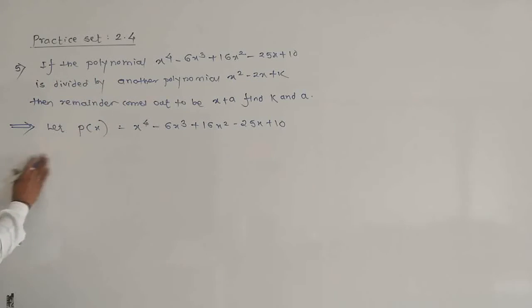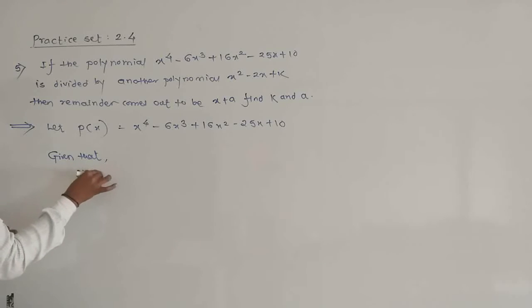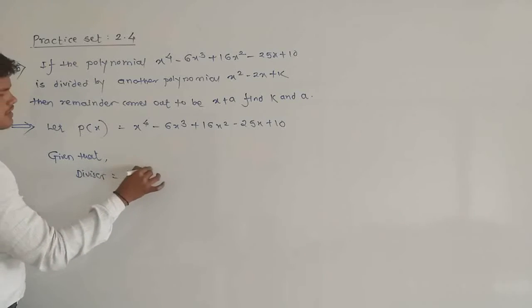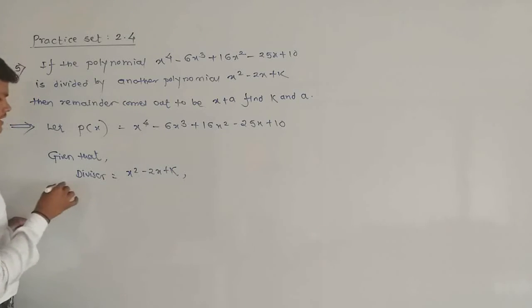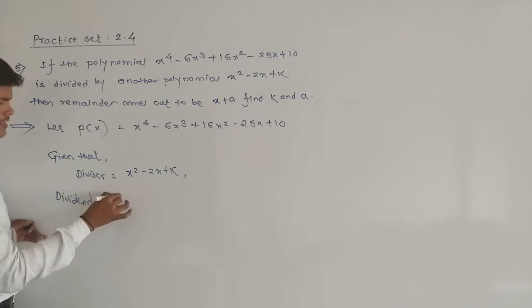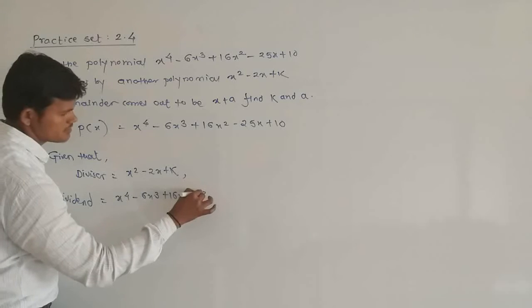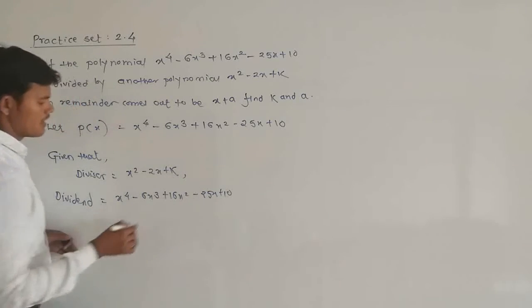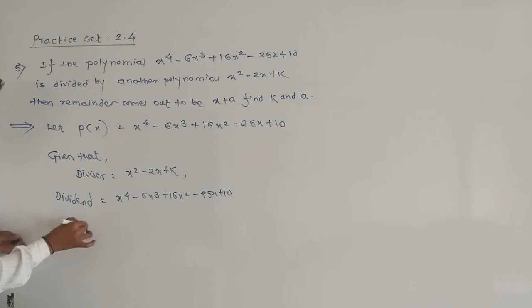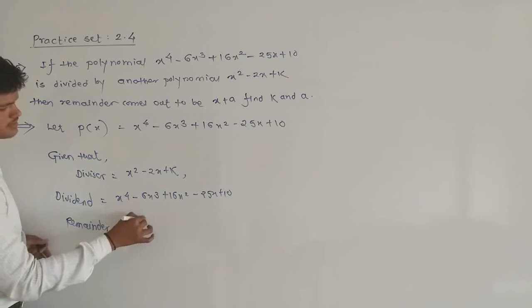Okay, and it should be divided by, so given that divisor is x square minus 2x plus k, dividend is equal to x raised to 4 minus 6x cube plus 16x square minus 25x plus 10, and the remainder is x plus a.